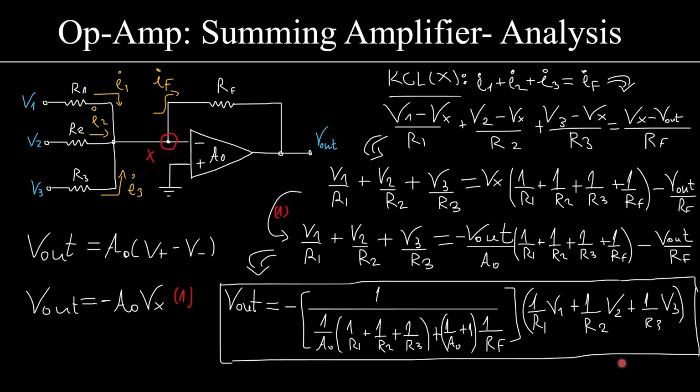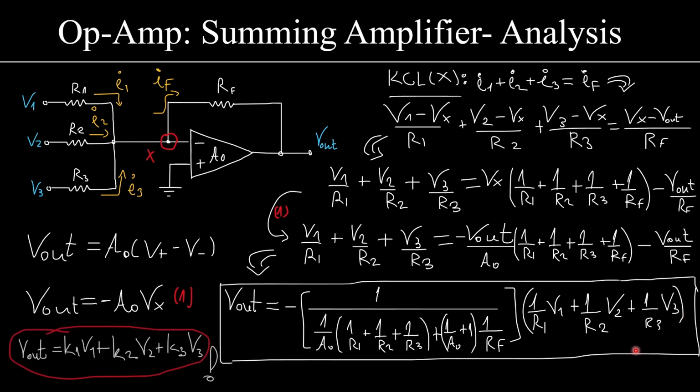Hopefully, you see that and you understand that now we have created what we wanted in the beginning. We have an output which is a scaled V1 plus a scaled V2 plus a scaled V3, multiplied by something like this, which will be multiplied individually with all of my components here. A very general case where A0 is not very, very large.